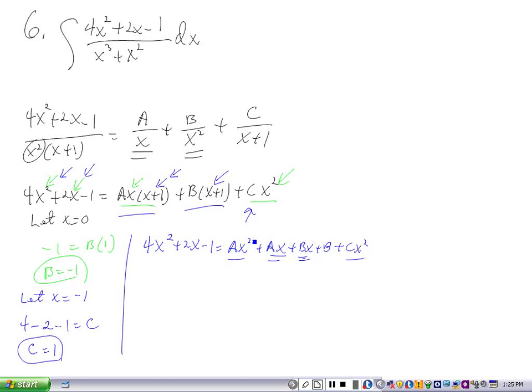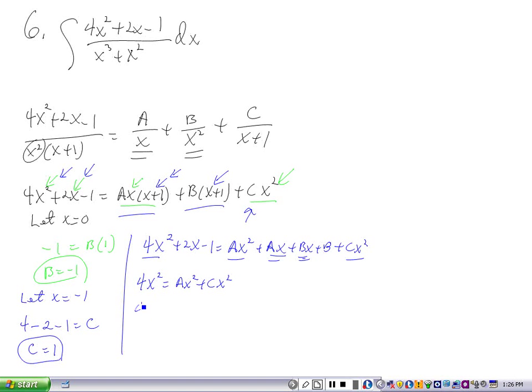I'm going to use the ax squared plus cx squared. On this side, this guy would be equivalent to the sum of those two on the right. So I get 4x squared has to be the same thing as ax squared plus cx squared.